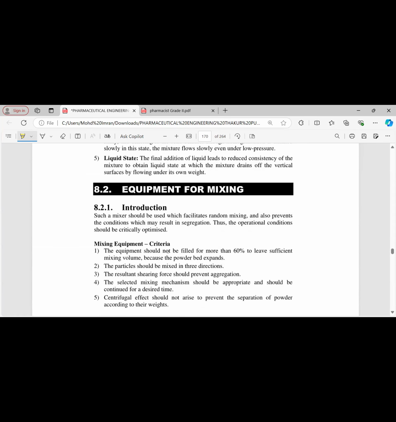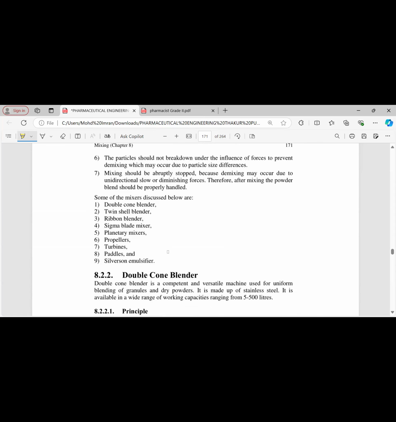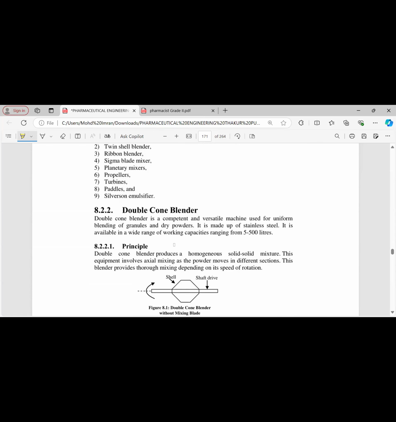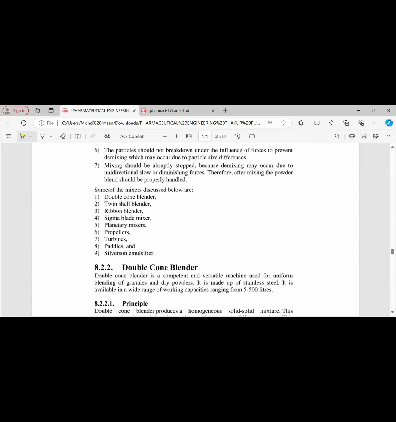Coming to mixing of semi-solids and solids, from here the equipment starts. So what different equipment is used? Look, double cone blenders, twin shell blenders, ribbon blenders, sigma blade blenders are used. Planetary mixers are very, very important, used in the pharmaceutical industry.